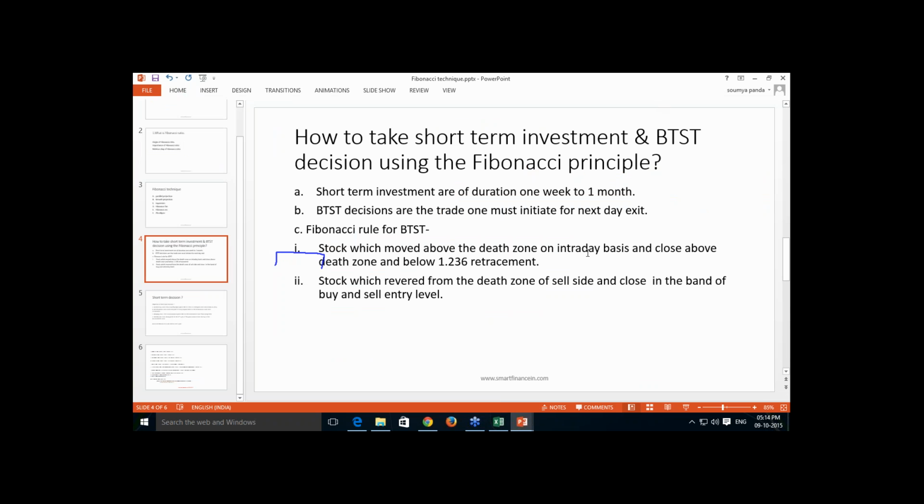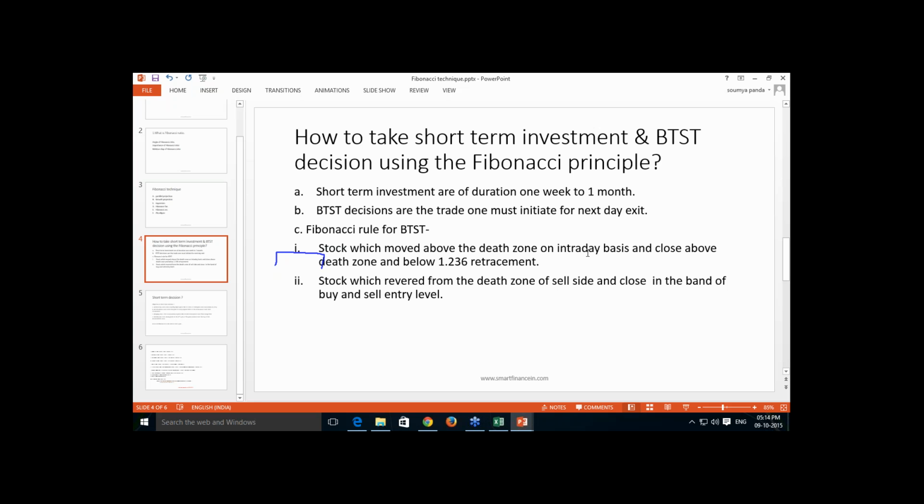If you are going for sell today, buy tomorrow, the same thing you have to do in the opposite order, or vice versa you can utilize. So the stock will fall below the death zone of the sell side and it should be above the 1.236 retracement of the sell side.